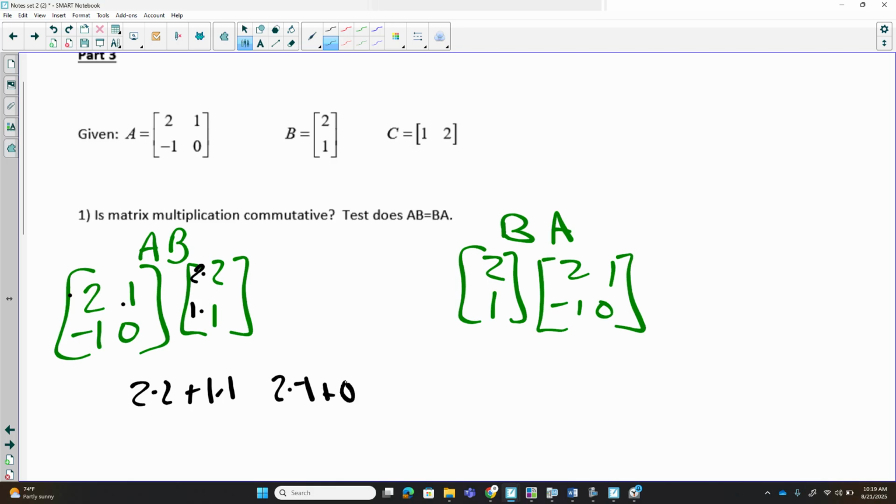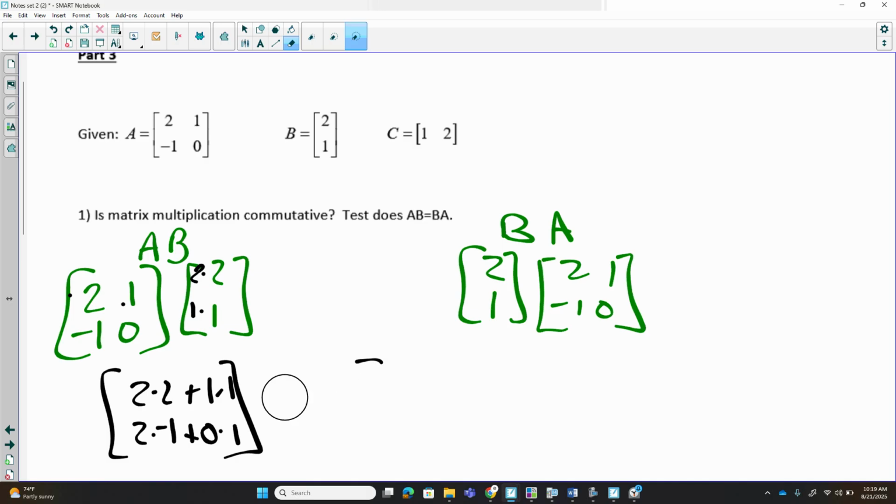Oops, sorry, it's supposed to be underneath it. So this will equal 5 over -2. Questions? Anybody have any questions on that? Did you get it right?